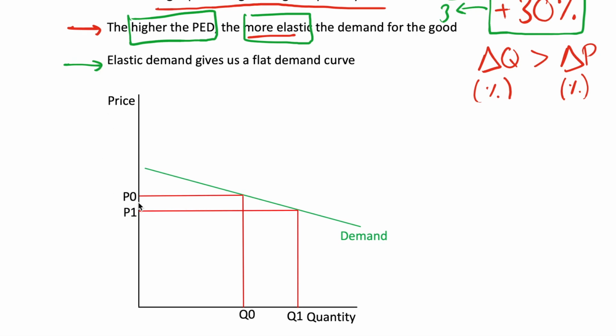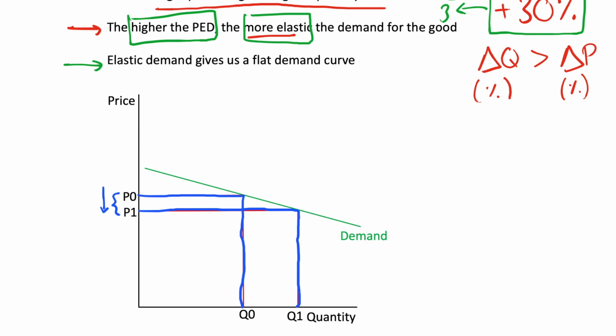So why do we draw an elastic demand curve like this? Well, let's imagine that we were starting at this P0, and if we use our demand curve, we'll see that the price P0 gives us a quantity Q0, and that's where we begin on our demand curve. Let's consider that we decrease the price slightly. So we're decreasing the price to P1, by just this small amount. Well, if we do this, we see that this price P1 will increase our quantity demanded all the way up to Q1, to this new point on the demand curve.